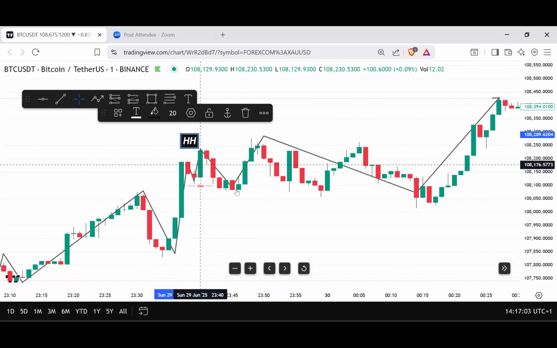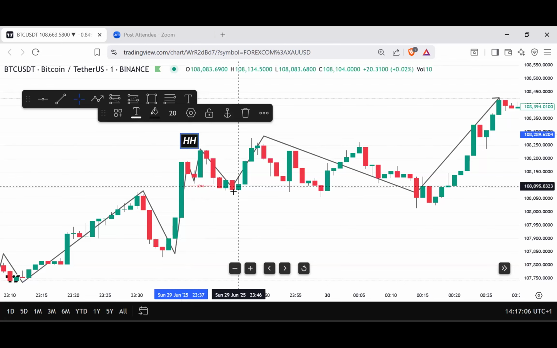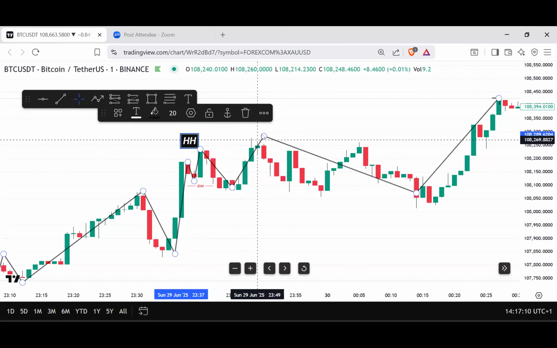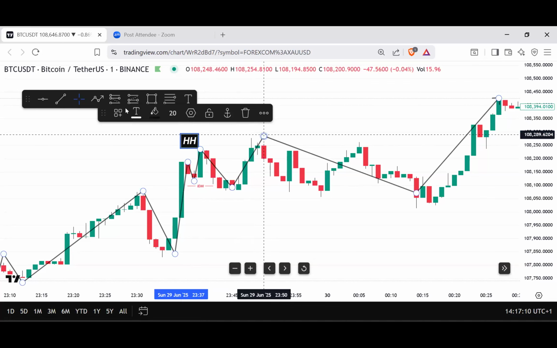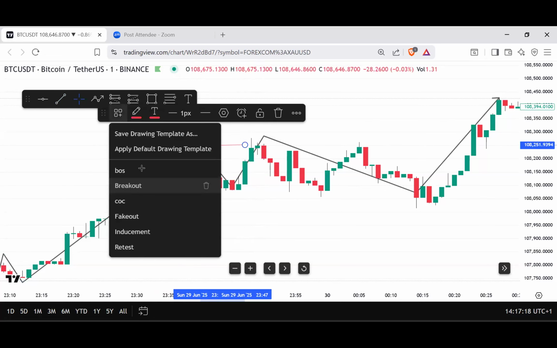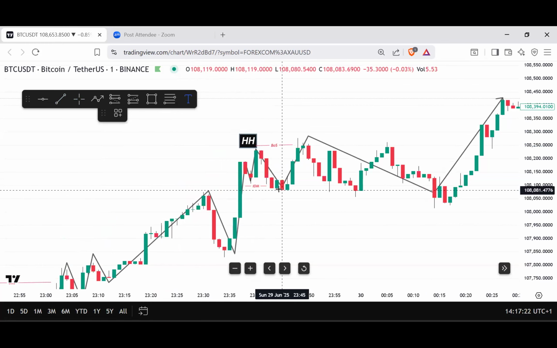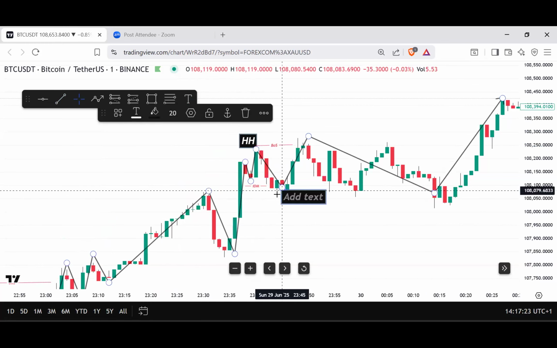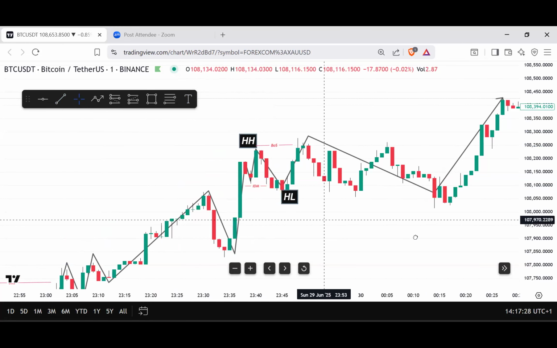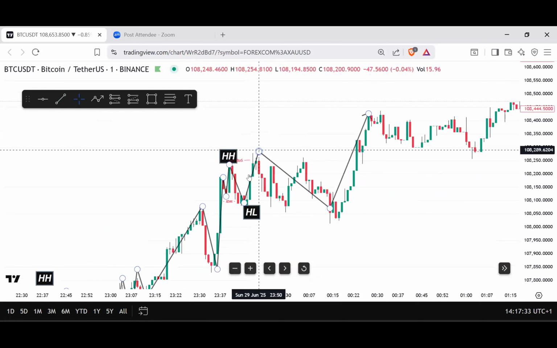Higher high 4, continuation 5, break of structure 6, then confirm the higher low. So from this higher low, we have another impulse.